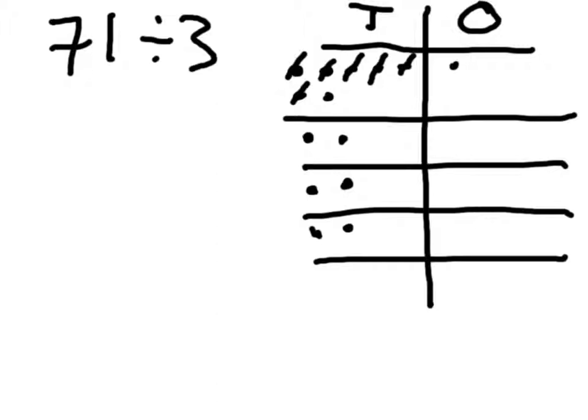We can put 2 tens in each row, but we end up with 1 leftover 10. In order to divide the remaining 10, we need to rename it or break it apart into 10 ones. To show that, we cross out the remaining 10 and draw 10 more dots in the ones column.